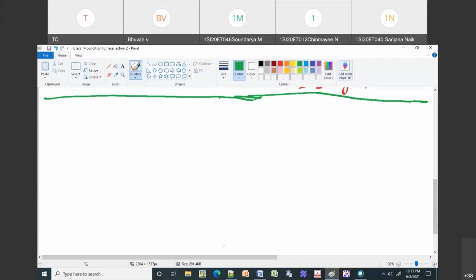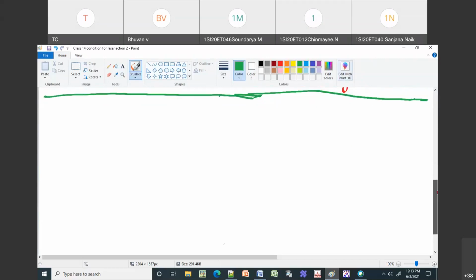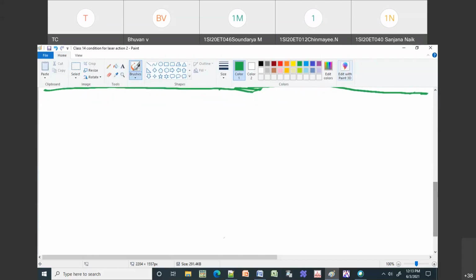So for now, I will go with the experimental part. Experimental part means there is something called requisites. You should not get confused, there are different things. Whatever you learned till now is the condition for effective laser action.